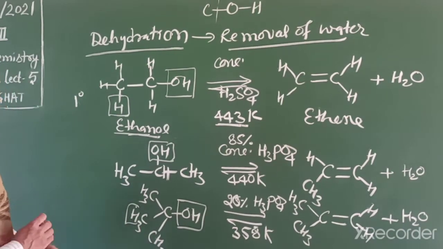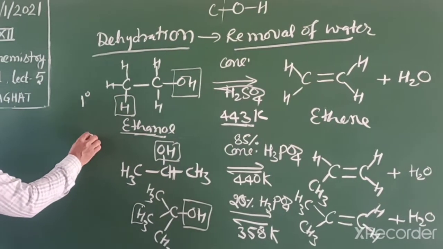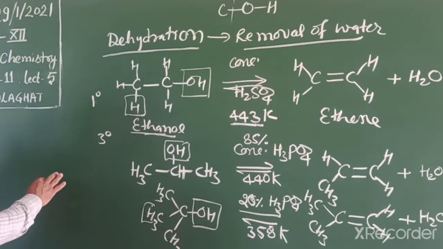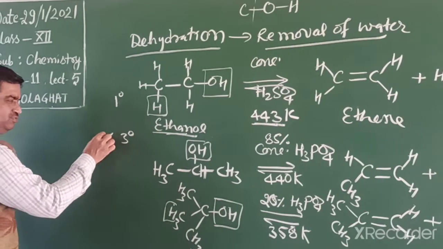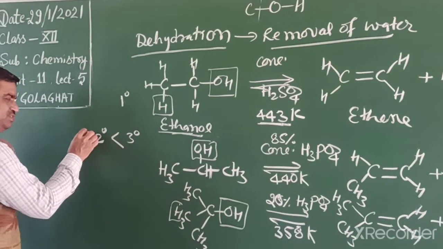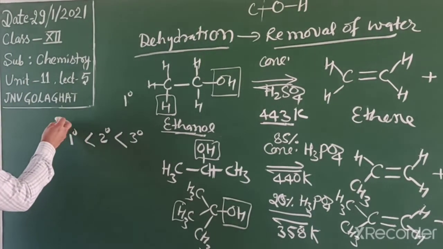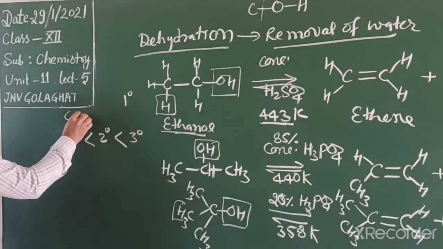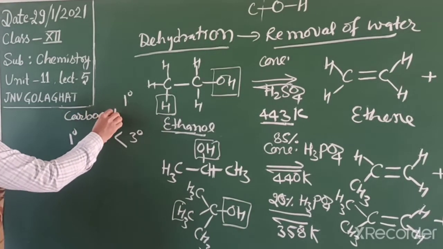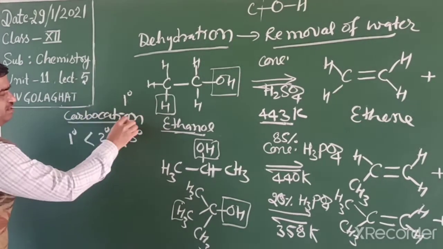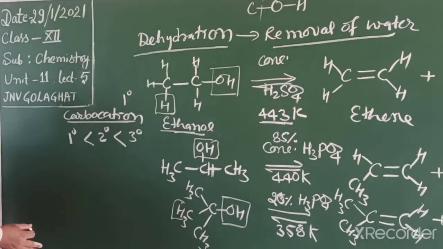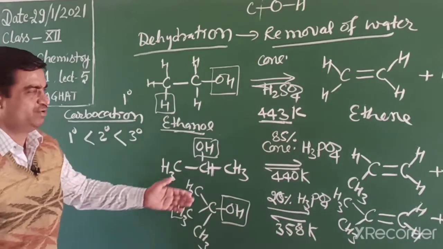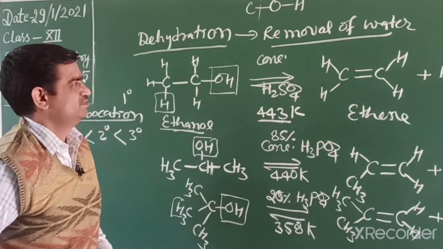The reason is that the 3-degree carbocation, we know, is more stable, so the reaction is favored towards the carbocation mechanism. Due to the stability of the carbocation, we know the 3-degree carbocation is most stable due to plus I and hyperconjugation effect, so the reaction is favored under lower conditions.